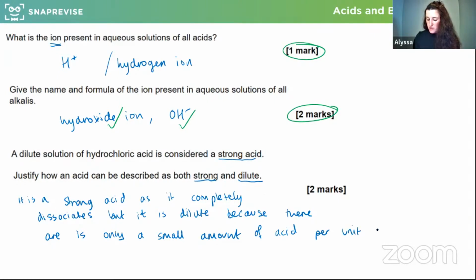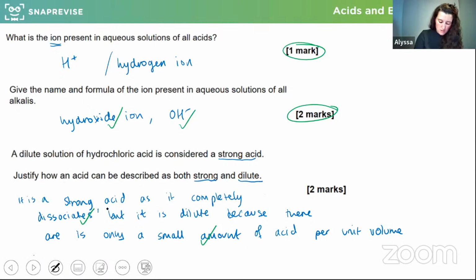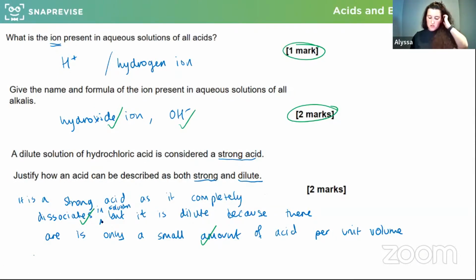So in both cases, we've given the definition of the word they've asked about, and that gives us our 2 marks. It completely dissociates in aqueous solution, but it's dilute because there's only a small amount of acid. I should put in solution there, but I didn't, sorry. So I should say in solution. And that gives us our 2 marks.